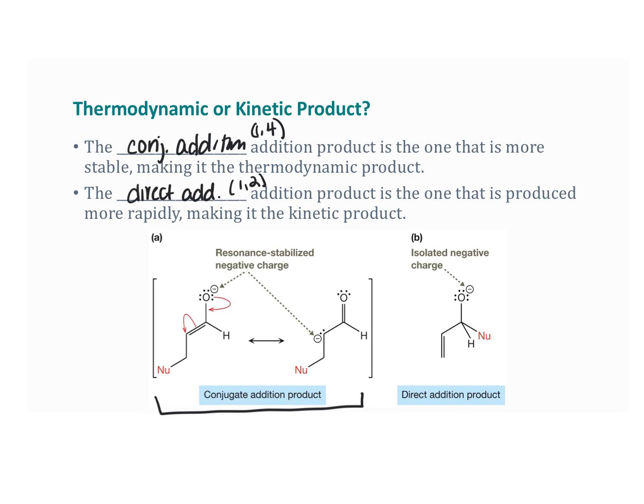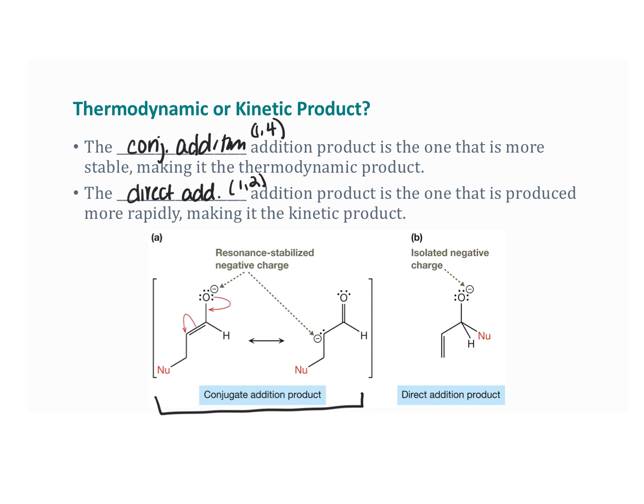Then the direct addition product has an isolated negative charge, and that makes it less stable. But one of the reasons it's a kinetic product is because the 1 oxygen and the 2 carbon are closer than the 1 and the 4. So that tends to make it the direct addition product.